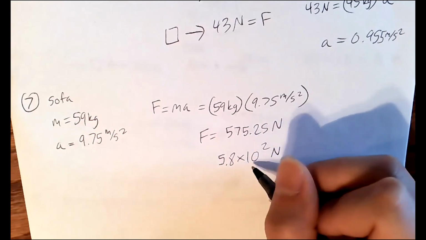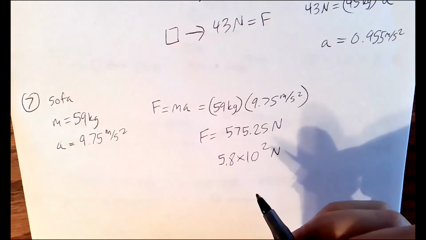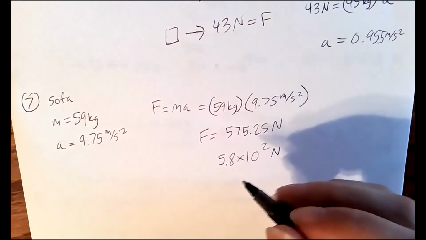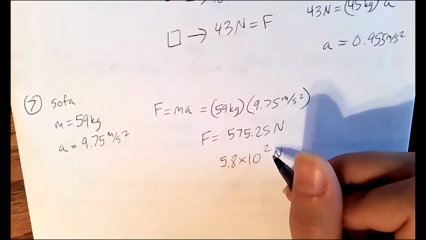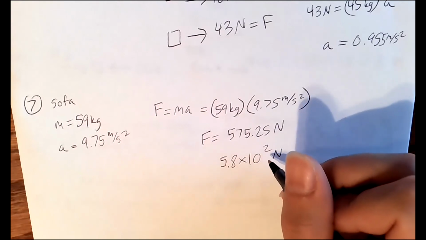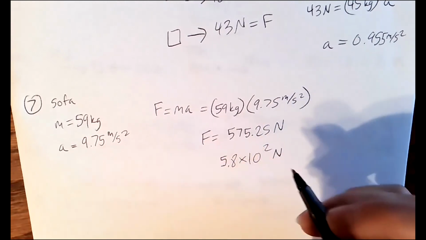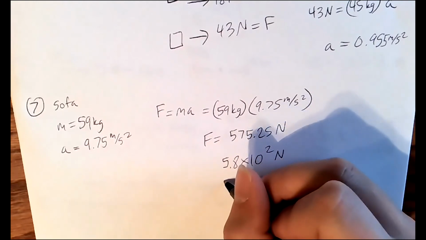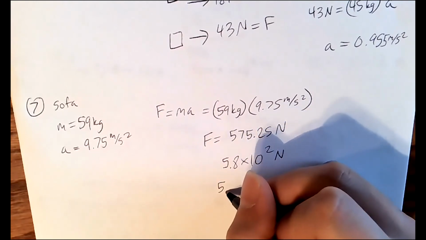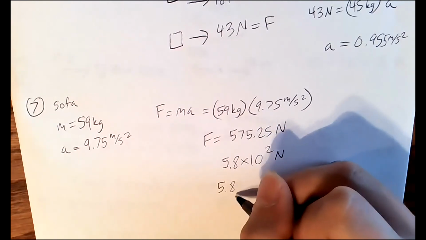So to get 5.8 back into this equation, 10 times 5.8 times 10 to the second power, excuse me, means you'll move this decimal point 2 times to the right.